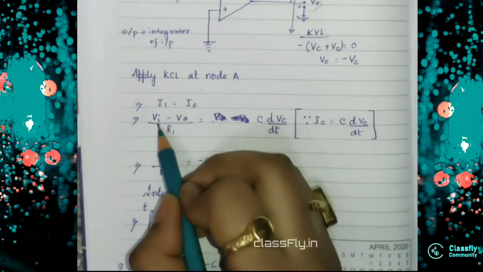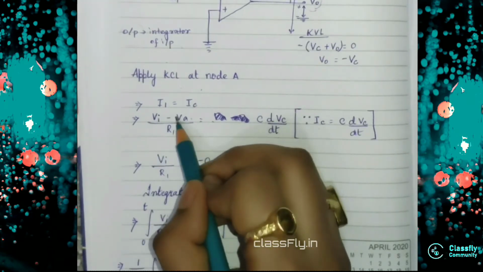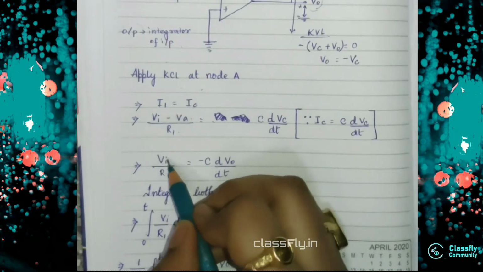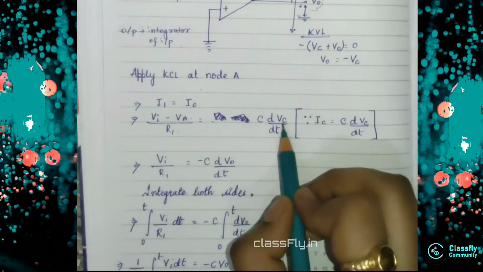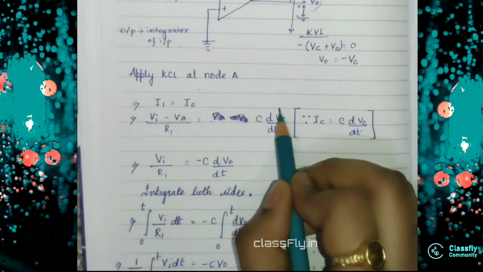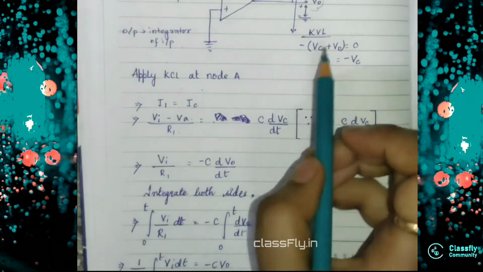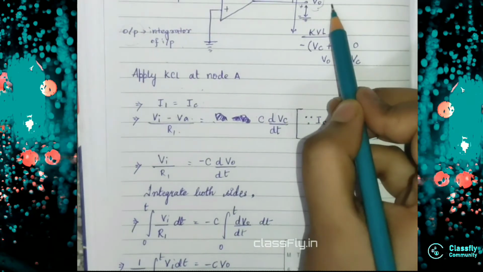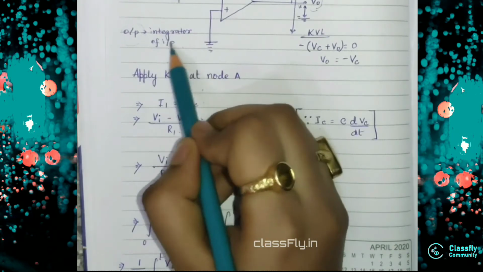Vi is okay, but Va is 0, so I will write this equation as Vi by R1 equal to C dVc by dt. Now I have to convert this Vc to V0 to find my output, since my output is the integral of the input.